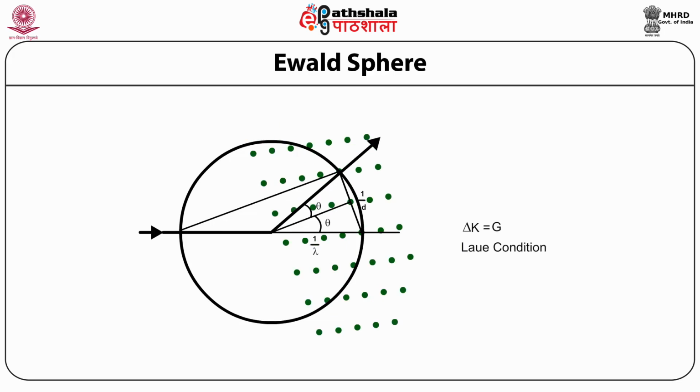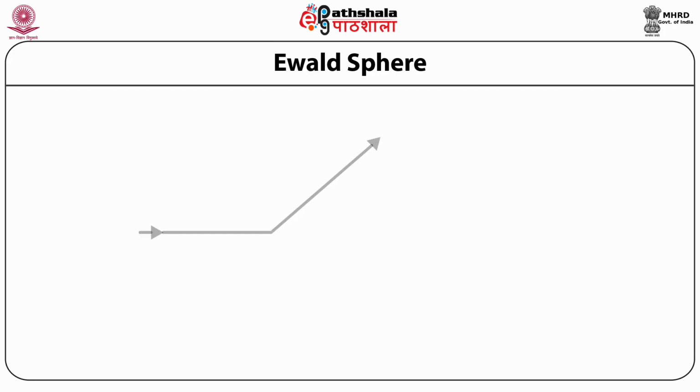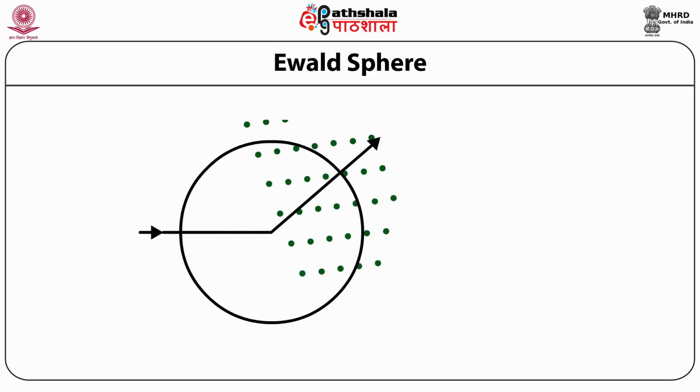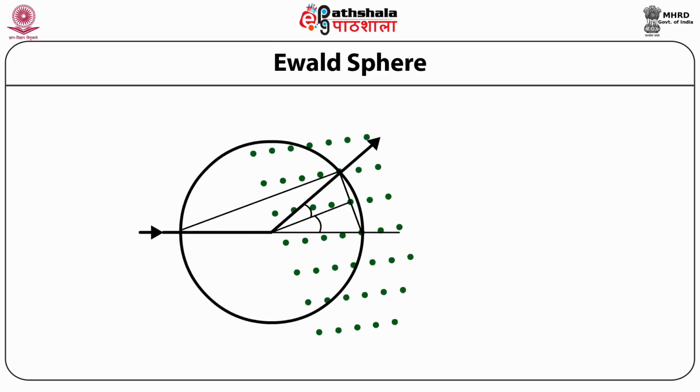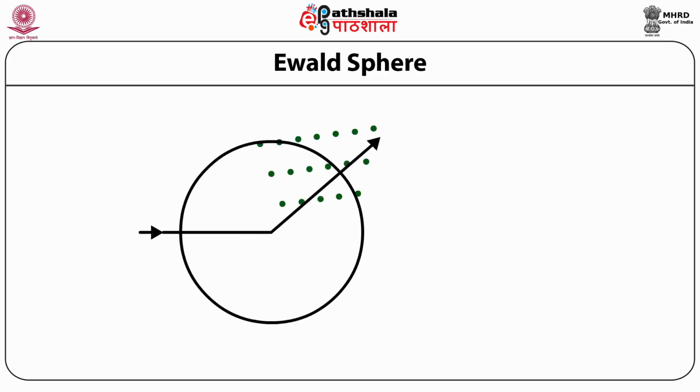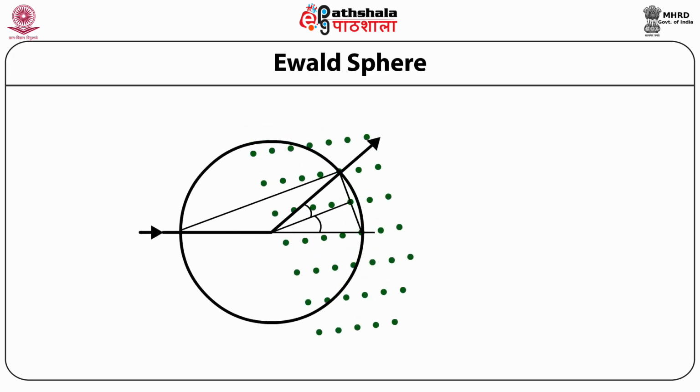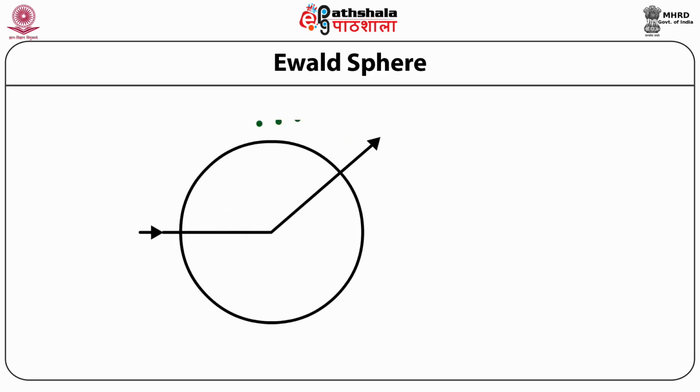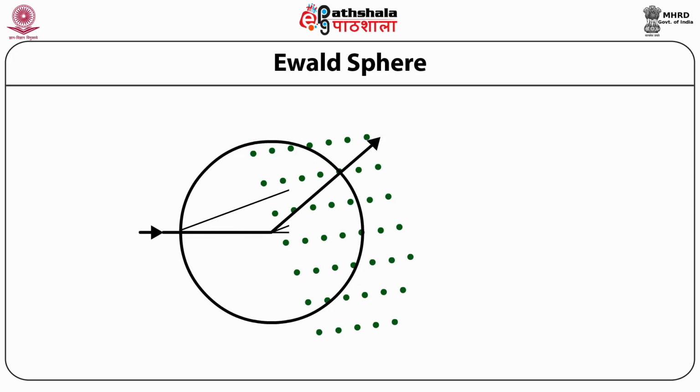will be the wave vector transfer. If this wave vector transfer is equal to some reciprocal lattice vector, as shown in the diagram, that is, the difference between k incident and k dash comes out to be equal to the length of the reciprocal lattice vector, that means the reflection condition is satisfied, and this point will lie on the surface of the sphere.